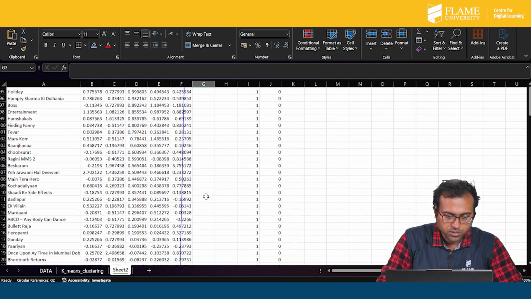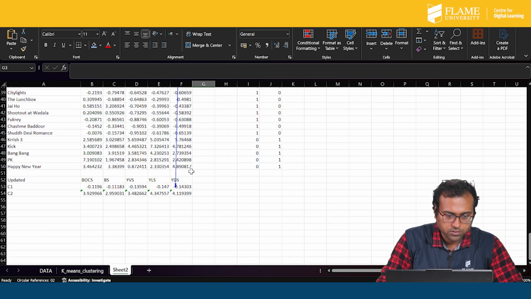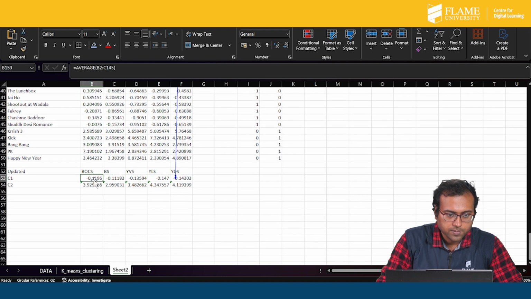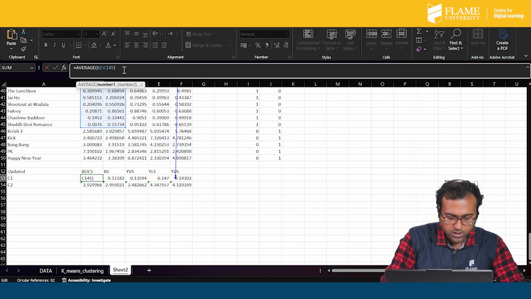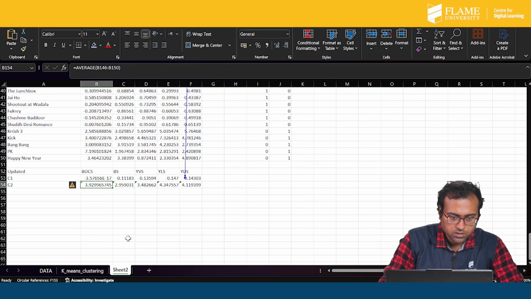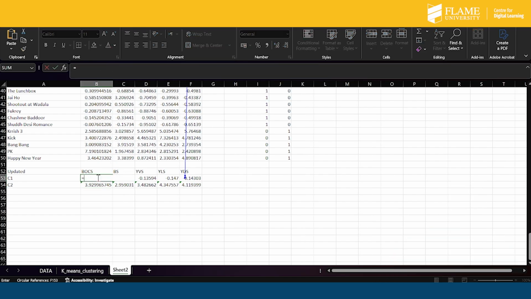Okay, I have to define these values separately, I guess. B150. Here is the mistake. Enter. Average.